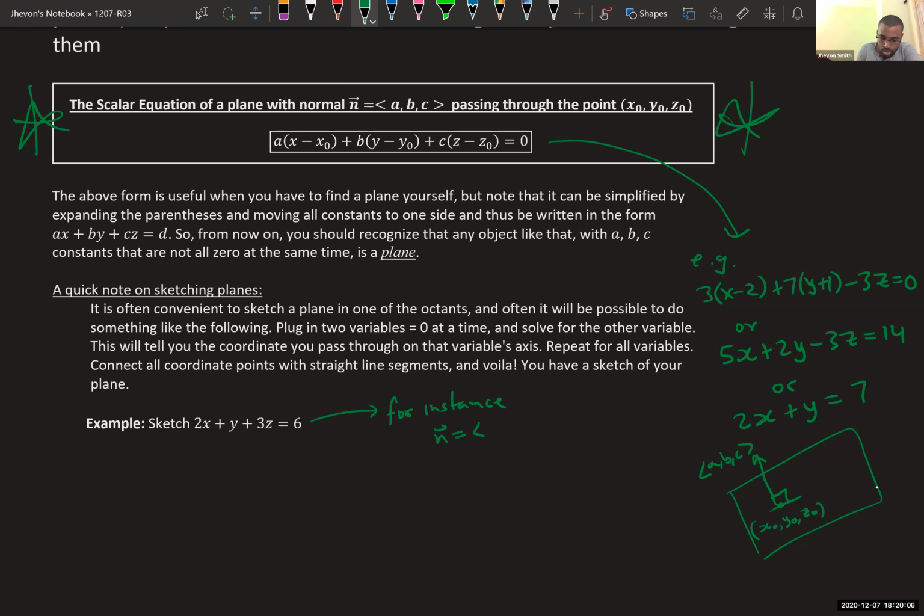N equals (2, 1, 3) is normal to this plane. The coefficients of x, y, z tell you about the normal vector.